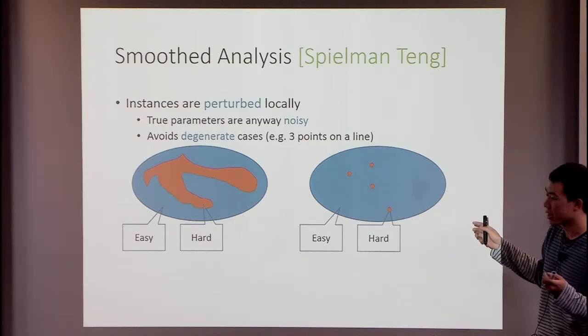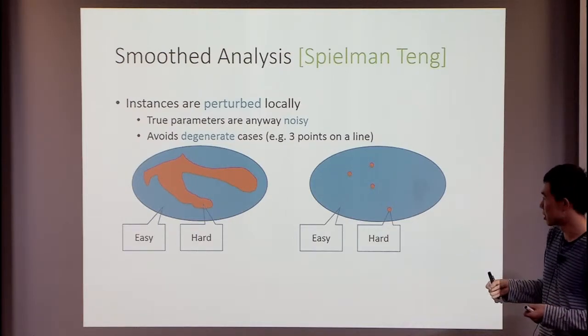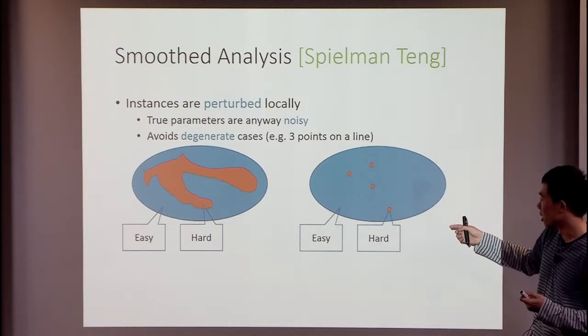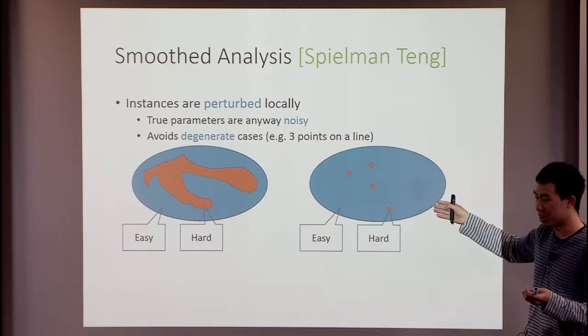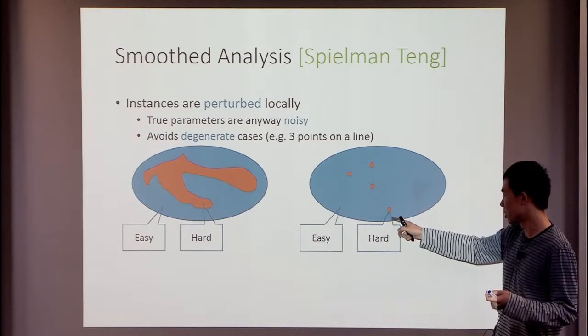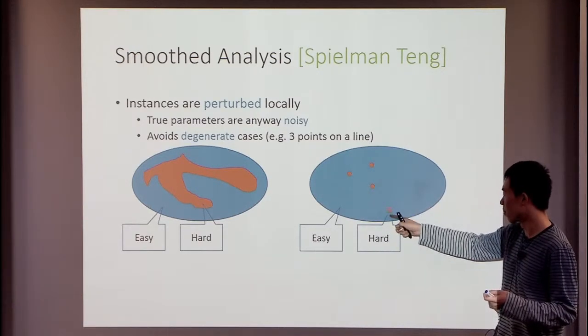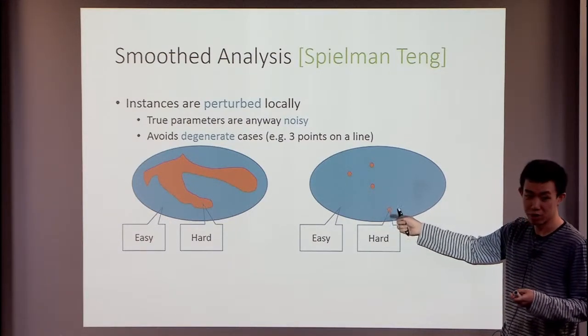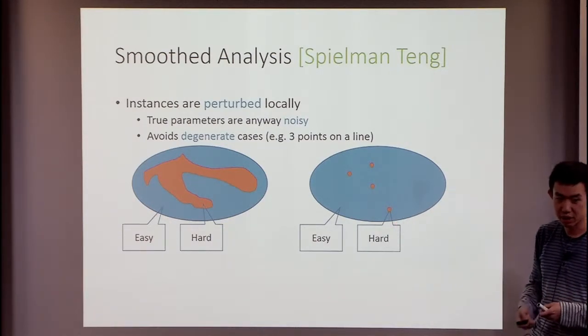So an algorithm that works in the smooth analysis setting means the problem should look like this: most instances are easy, there are some hard instances, but in any small local neighborhood, most of the instances are still easy.